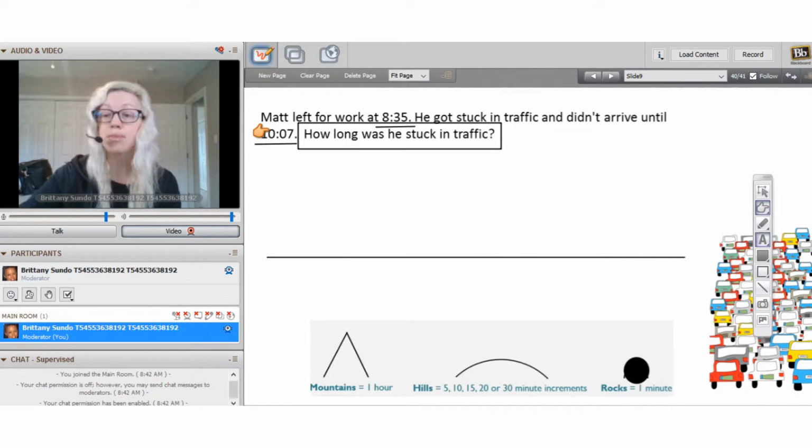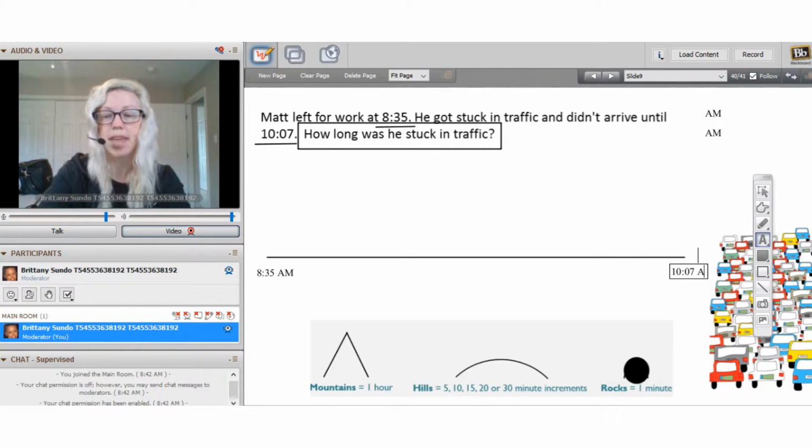Even though this problem does not state it, we are going to assume that he left for work at 8:35 a.m. and arrived at 10:07 a.m. So both of these times are in the morning. We are going to put the start time on the left-hand side of our number line, so 8:35 a.m. We are going to put the end time on the right-hand side, or at the end of our number line.